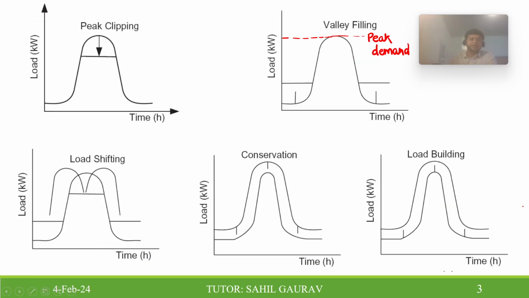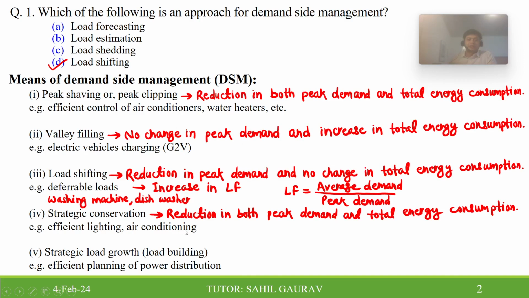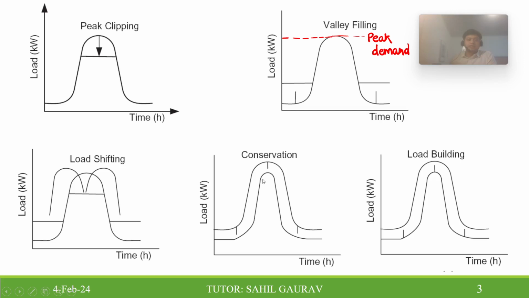So we can see this figure. This load curve represents the strategic conservation strategy. In this we can see the reduction in both peak demand and total energy consumption because we are shifting the whole load curve downwards.